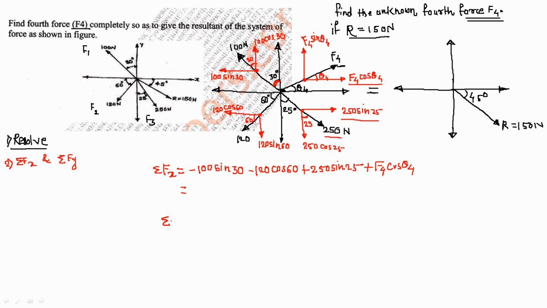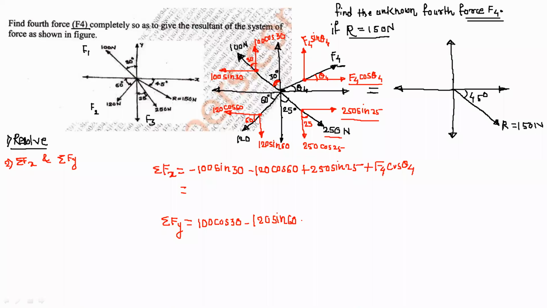Similarly, find out the summation Fy, that is equal to 100 cos 30. Then this is 120 sin 60, negative direction. So minus 120 sin 60. 250 cos 25.